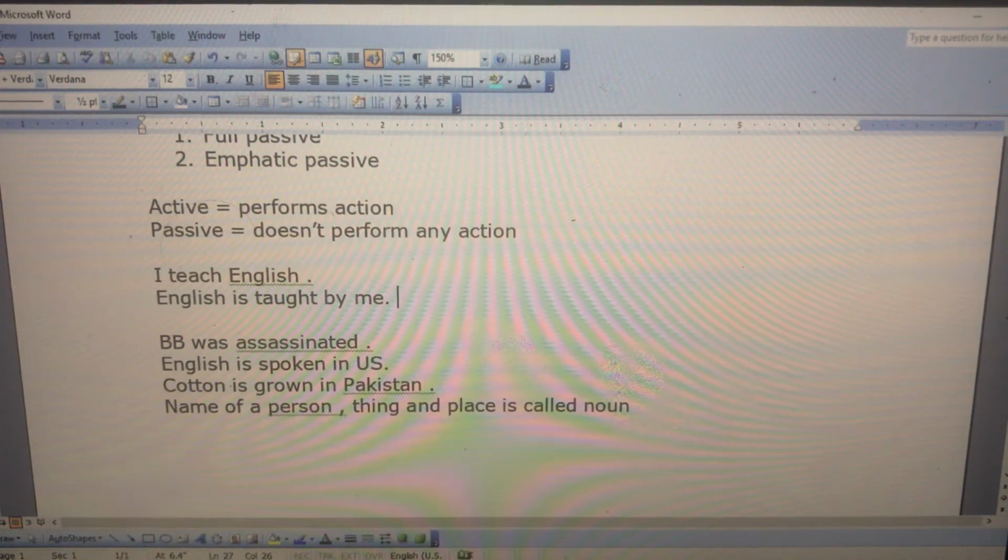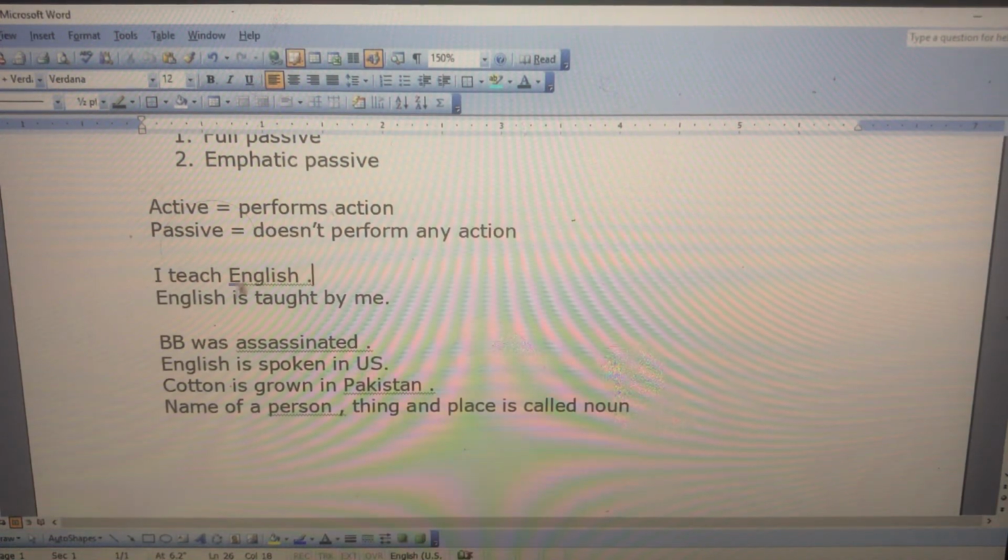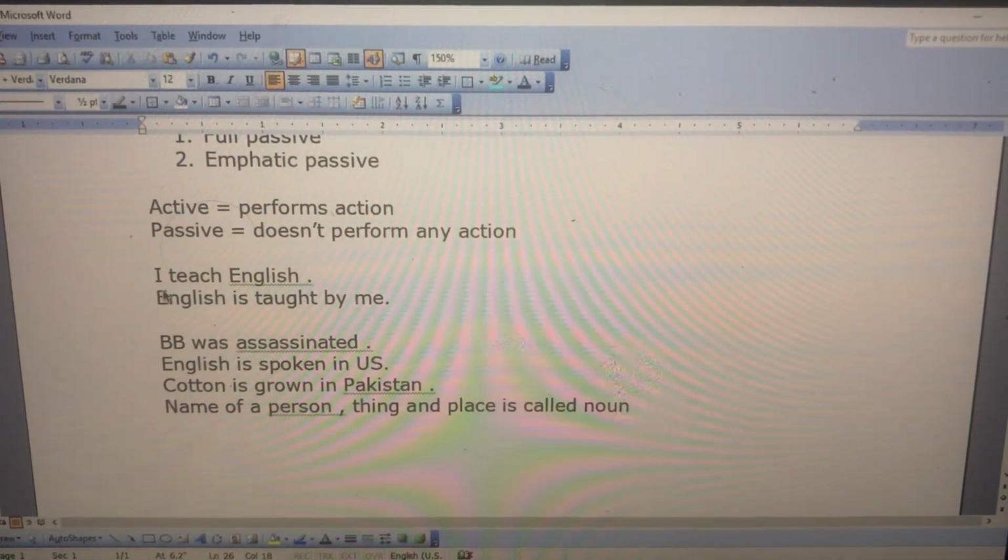Emphatic passives are those passives where the subject is not active, the object is active. For example, in the first sentence, I teach English, the subject is active, I is the subject, and English is the object. But in passive voice, the object became the subject. Object came into the beginning of the sentence. So object became active and subject became passive.